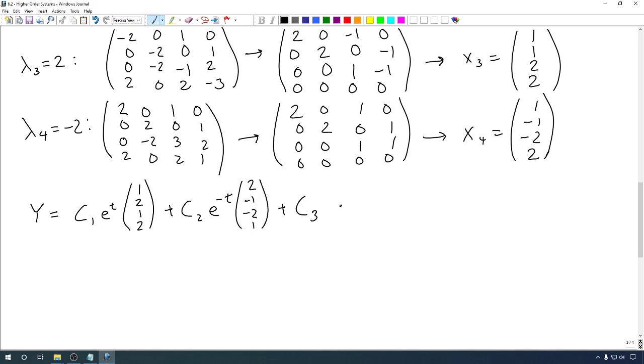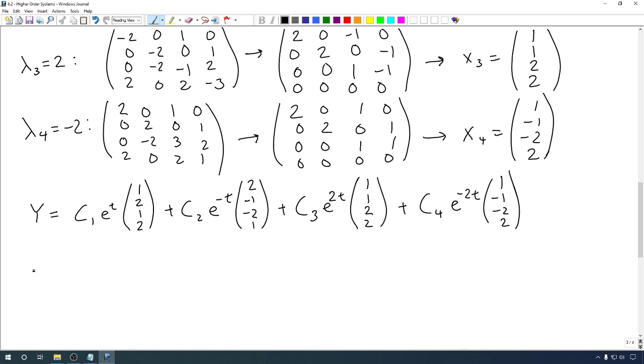We have c3, e to our third eigenvalue was 2, so 2t. Our third eigenvector was 1, 1, 2, 2. And then we have c4, e to our fourth eigenvalue is -2, so -2t. And our fourth eigenvector is 1, -1, -2, 2.